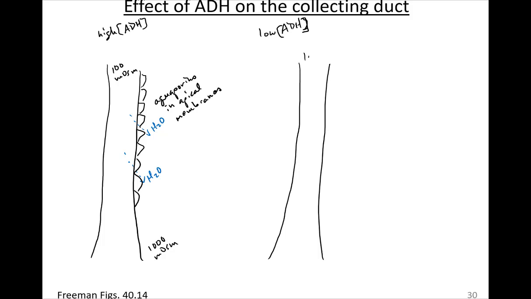And so now we have this fairly dilute fluid coming in. We've got the same gradient here, but these cells have very low levels of aquaporins, or almost no aquaporins.